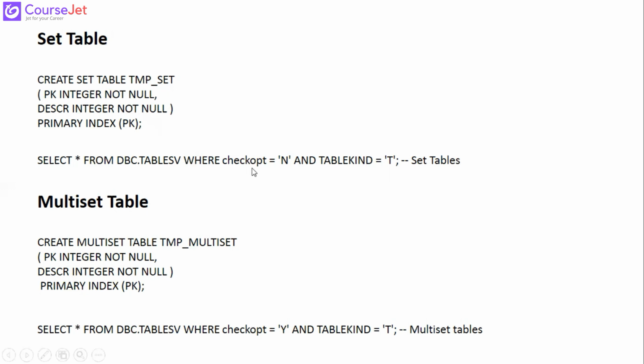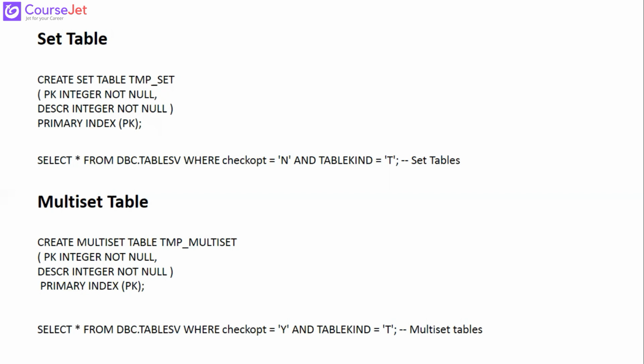Where CheckOpt equals N is given, which denotes a set table. CheckOpt is the column which decides whether this is set or multiset. If it is Y, it means multiset; N means it is set. Correct. Yes. And there is TableKind too.